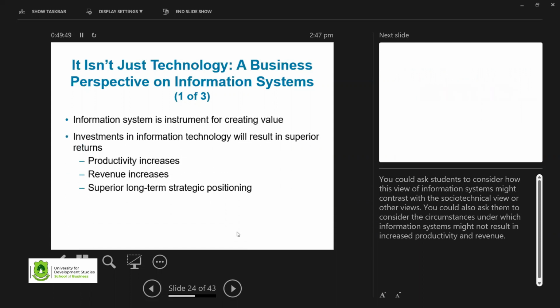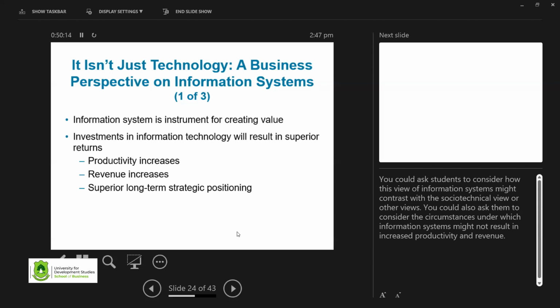Okay. So when we are talking about information systems, it is not just about technology we're interested in. So for us in business, we must always have what? A business perspective of information systems. Our perspective should always be what? Business oriented. Is the technology going to add value to whatever we are doing?